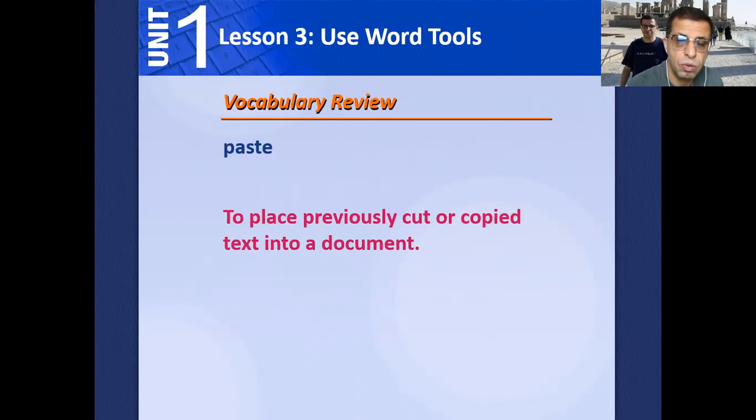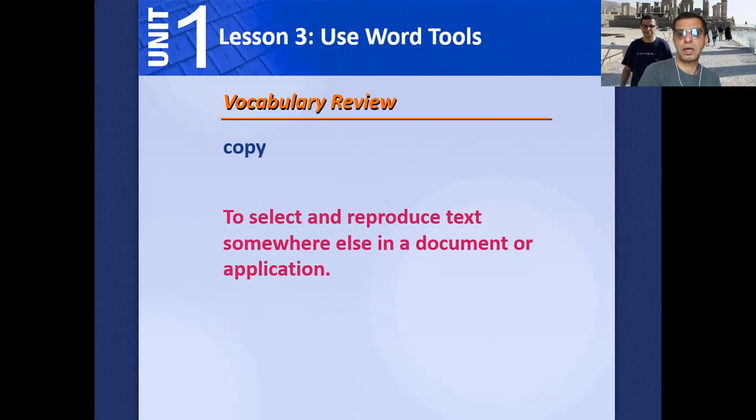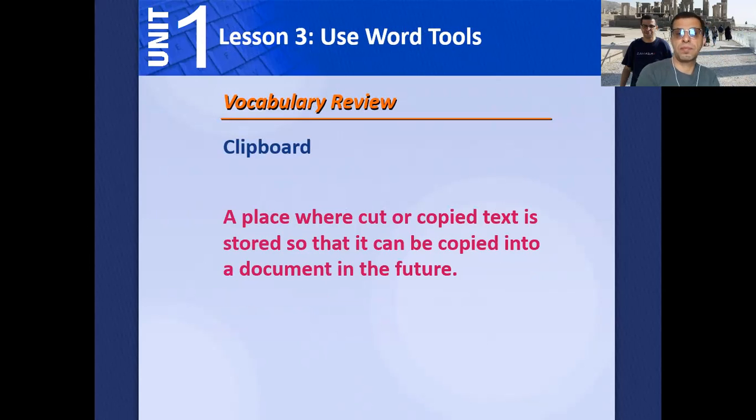Paste: to place previously cut or copied text into another part of the document. Copy is to select and reproduce text somewhere else in a document or application. Now, the clipboard is a place where cut or copied text is stored so that it can be copied into a document in the future.